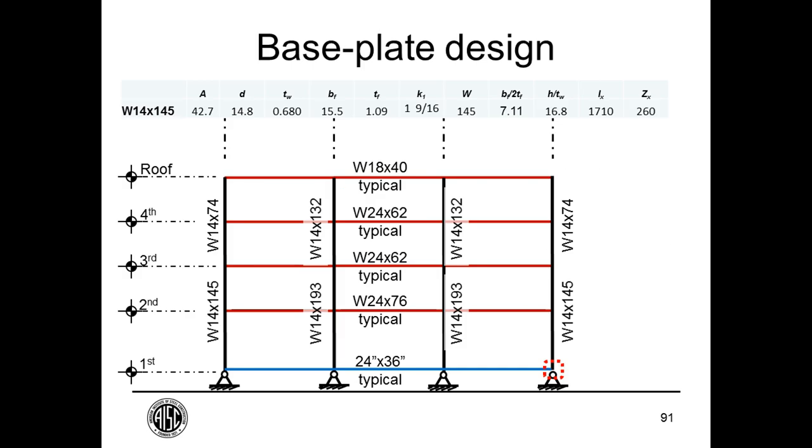I had a couple of questions on this section on base plate design. The first one is, it appears in this that there is a pin connection at the base of the column. So how did you determine the Mu for the design of the base plate? In the model, there is in fact a pin connection to the foundation, but there's a fixed connection to that grade beam element.